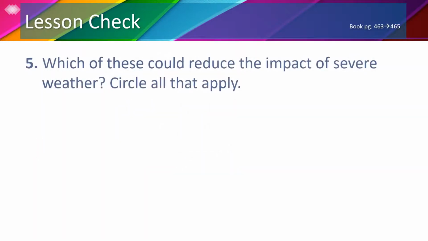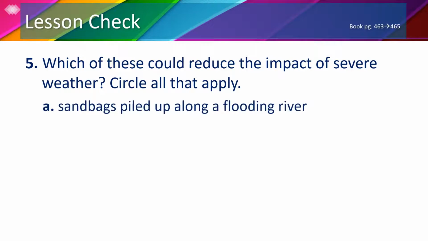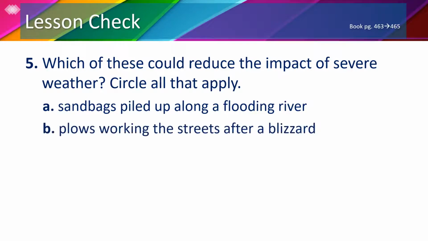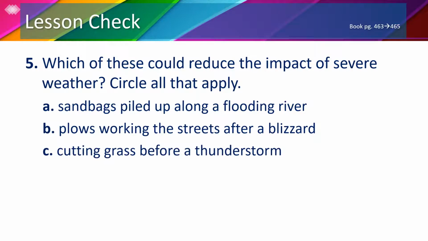Number 5. Which of these could reduce the impact of severe weather? Circle all that apply. Is it A, sandbags piled up along a flooding river? B, plows working the streets after a blizzard? C, cutting grass before a thunderstorm? Or D, lightning rods? The word reduce means to decrease or lessen, so we're looking for ways to reduce the damage of severe weather.